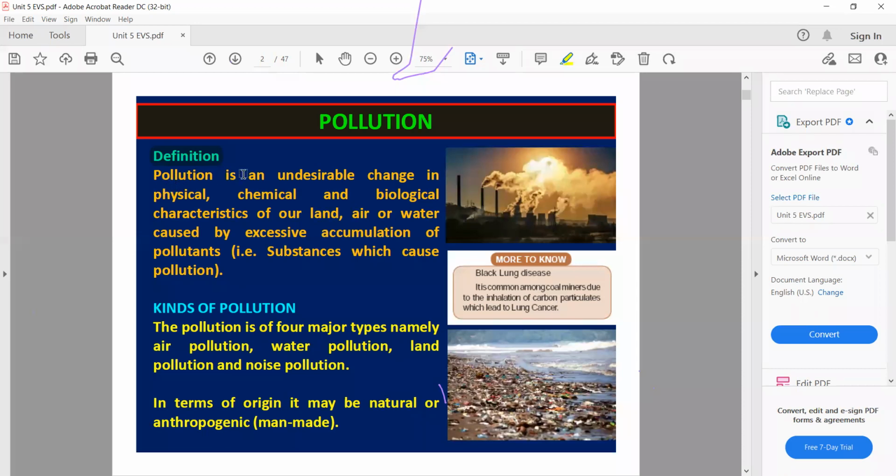So pollution is an undesirable change in physical, chemical, and biological characteristics of our land, air, or water caused by excessive accumulation of pollutants, that is, substances which cause pollution. Now, this topic, pollution, is such a huge field of work that we can write multiple theses on this.